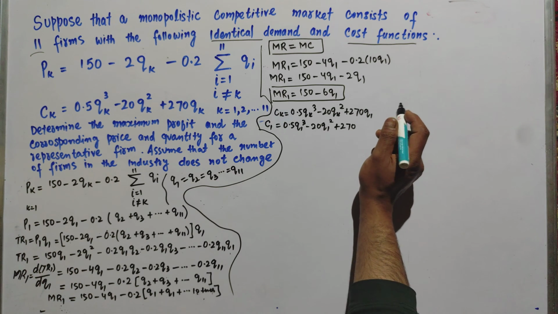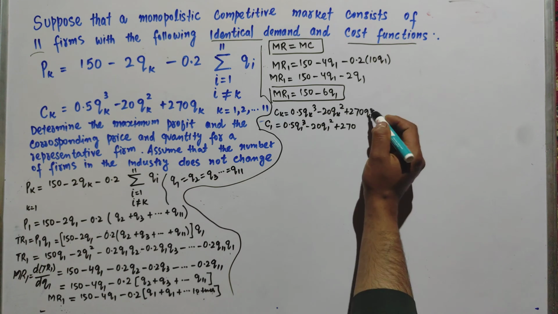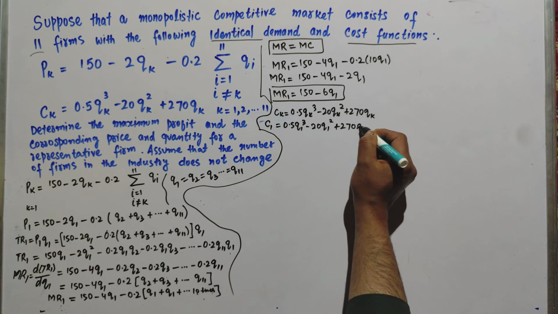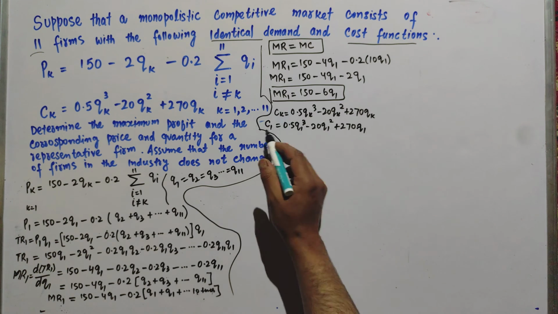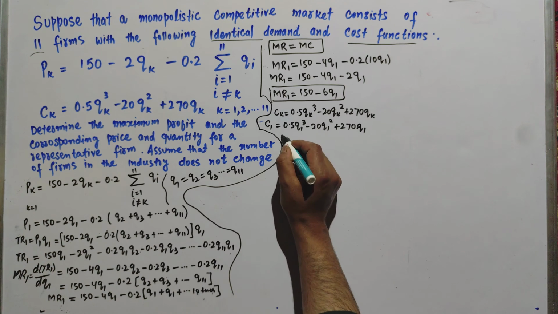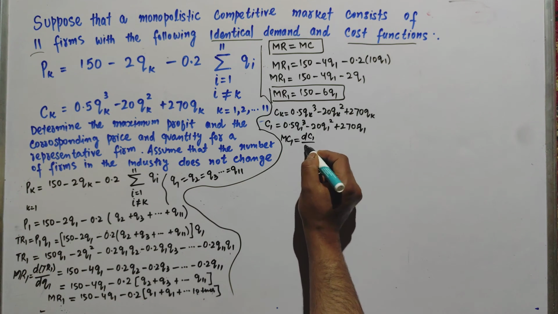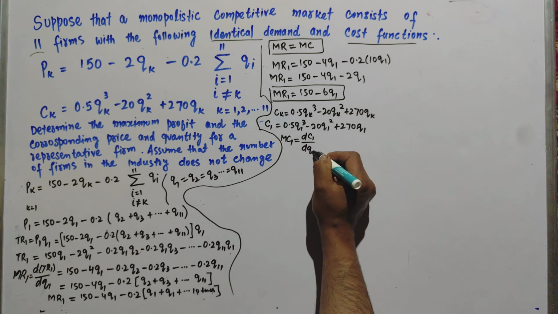Okay, so we have 270 here. In place of K we have Q1. This is the total cost function of firm 1. That is, marginal cost of firm 1 will be the derivative of the cost function of firm 1 with respect to output, that is Q1.